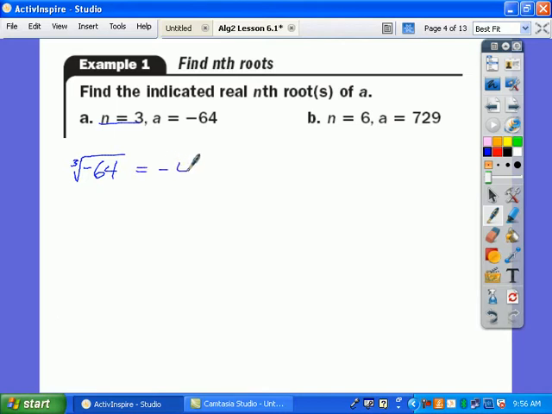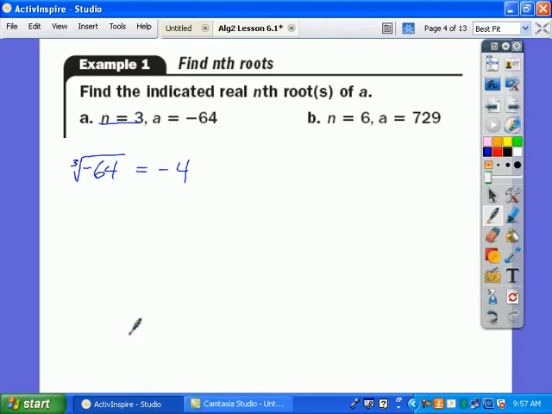And this will be just -4. The reason is because -4 times -4 is positive 16, but positive 16 times -4 is -64. Cube root of -64 is -4.